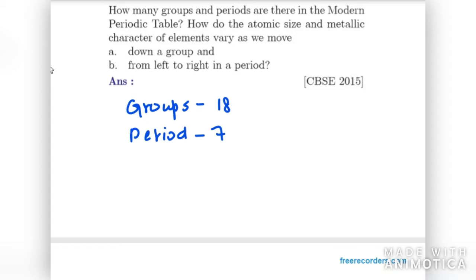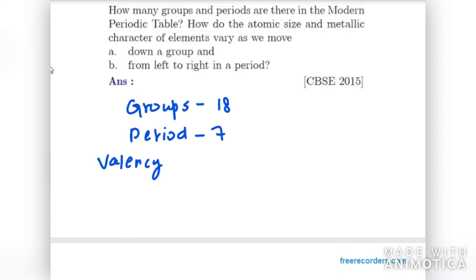Now second question, it says how do the atomic size and metallic character of elements vary as we move down a group? So first of all, valency first increases and then decreases. So there is a normal pattern of it. So always remember that valency first increases and then decreases along a period from left to right.